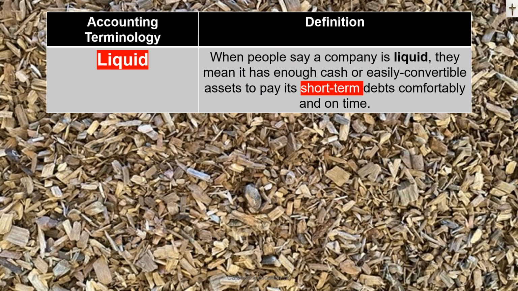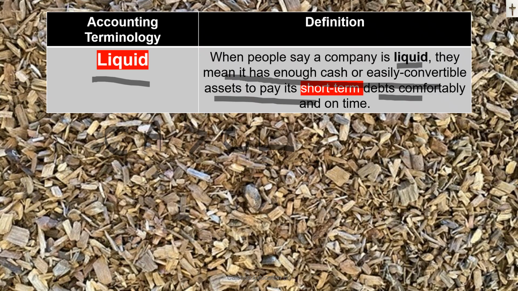Right, what does the term liquid mean? When people say a company is liquid, they mean it has enough cash readily available to pay its short-term debts, short-term liabilities. So current assets are greater than current liabilities.